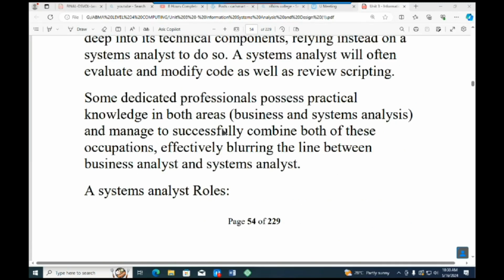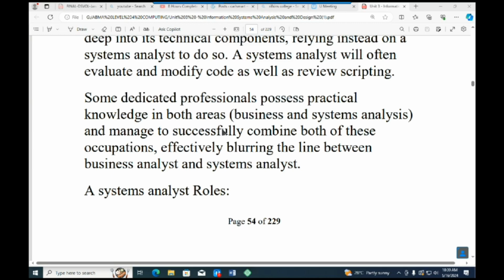So we have professionals that are dedicated and possess practical knowledge in both areas, in the business and also in the system analysis.